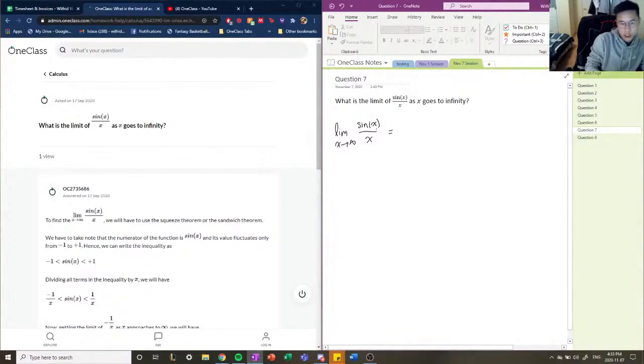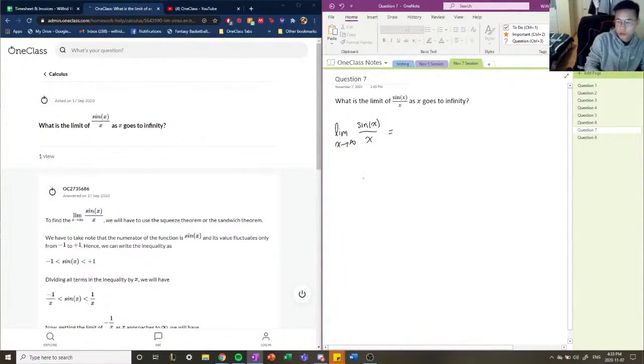Substituting infinity into here and infinity into here, we get something very weird because this is a periodic function. So it's going to repeat over 1 and -1, and this is going to be infinity. So this is kind of hard to use our normal limit techniques to find our limit.